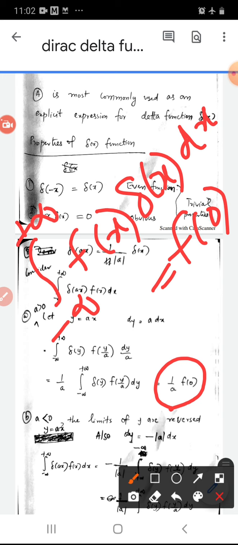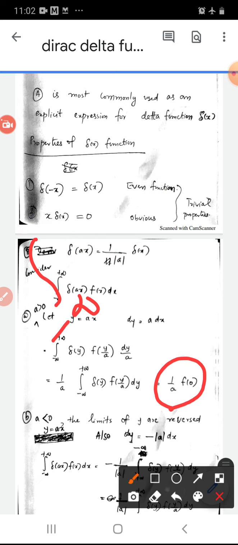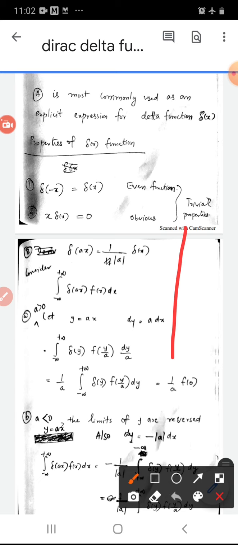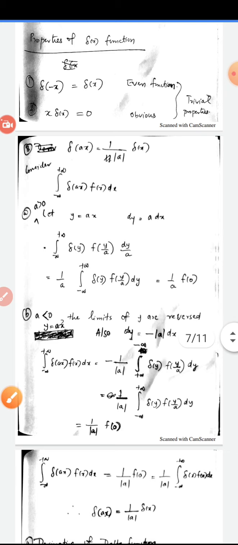So by that property, this will be equal to f of 0. So we get this expression, and that is when a is greater than 0.